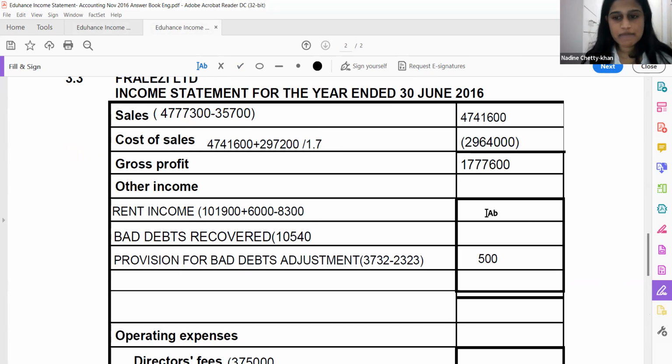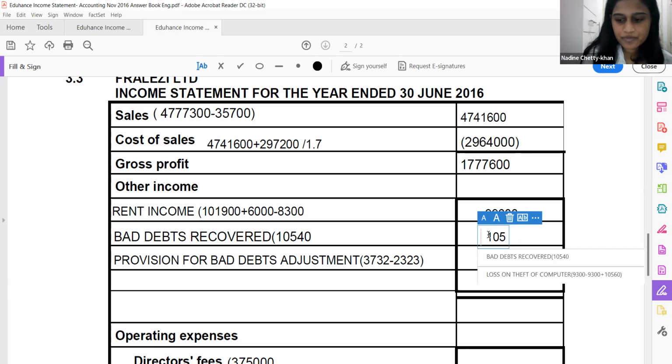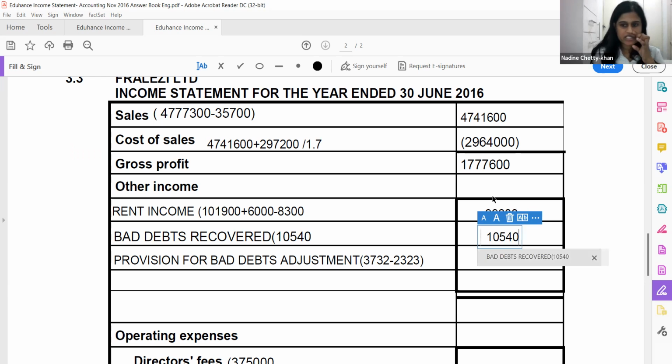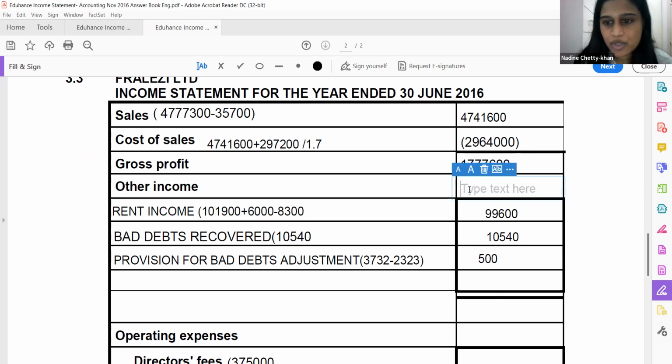Let's go do step 3 and total the rest now. So rent income is going to be 99,600. Bad debts recovered of 10,540. We show it as in this big dark block, all positive, and because it's other income, we're going to total it up above, and it will be 110,640.